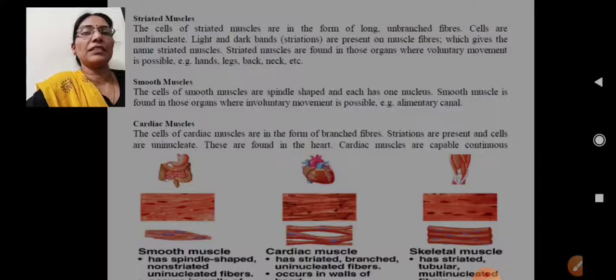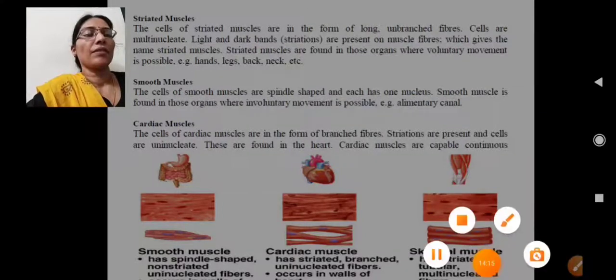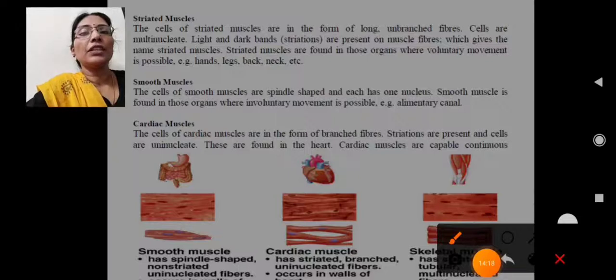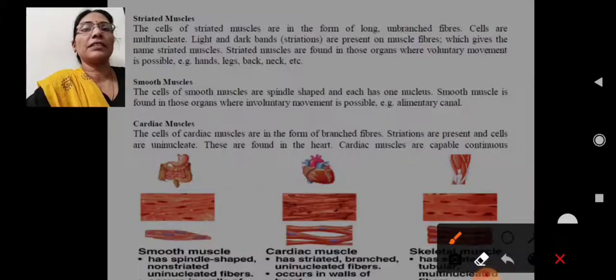Their features, their location, and their difference in structure are given here. Light and dark bands, striations, are present on striated muscle fibers. Everything is written here. You can make notes out of this slide.